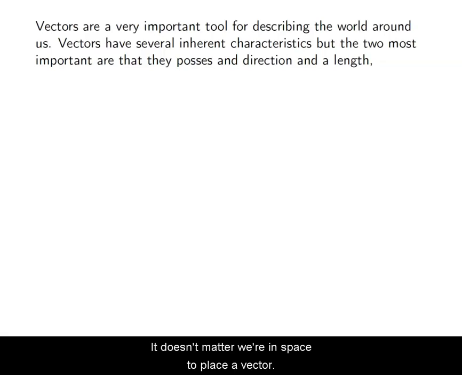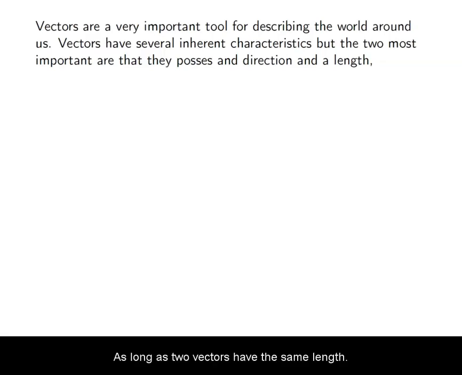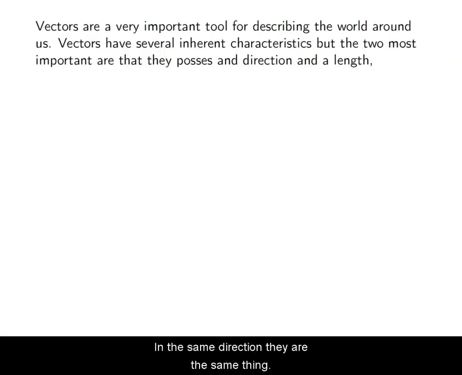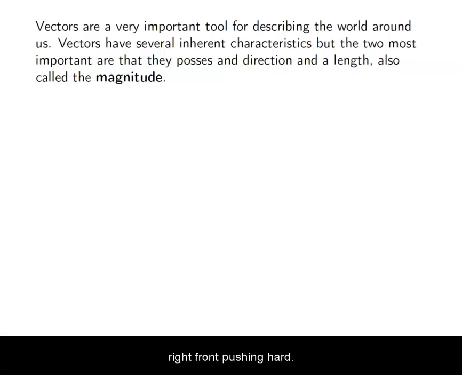So it doesn't matter where in space we place a vector, as long as 2 vectors have the same length in the same direction, they are the same thing. The length of this vector is the magnitude. If I'm pushing hard, a long vector has a large magnitude. If I'm pushing softly, a short vector has a small magnitude.